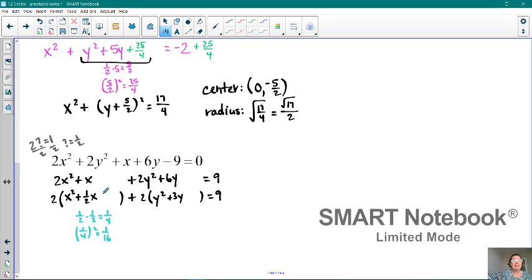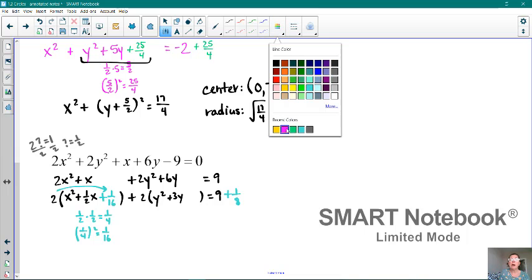So I will be adding 1/16 here. Notice there's the 2 on the outside, so the 2 is multiplying 1/16. 2 times 1/16 is 2/16 or 1/8, so I will add 1/8 over here on the right hand side to balance out my equation.